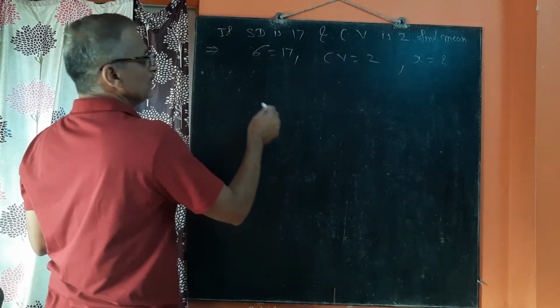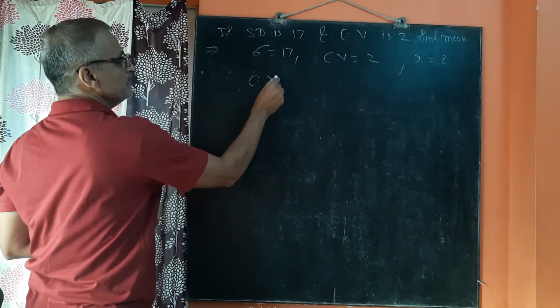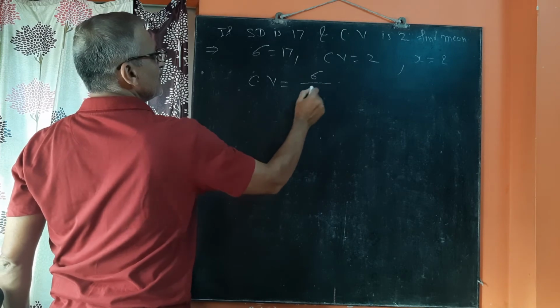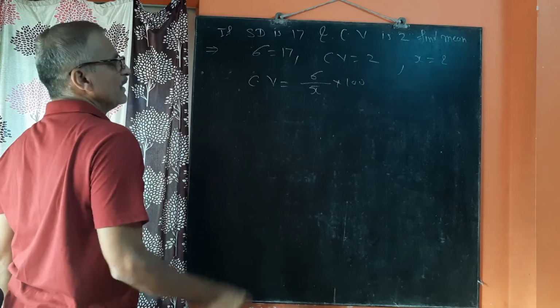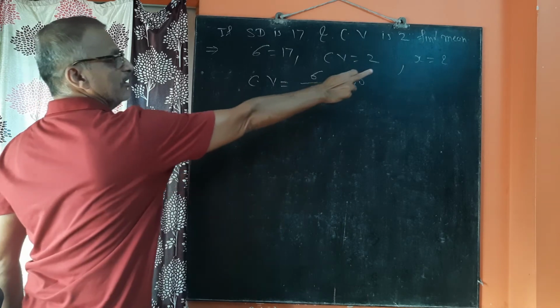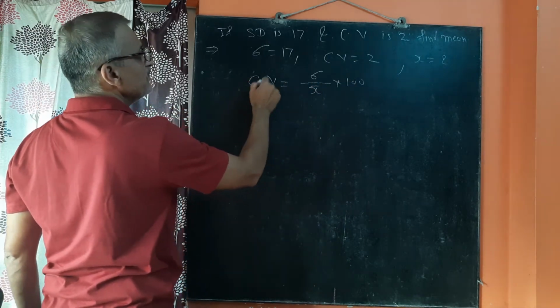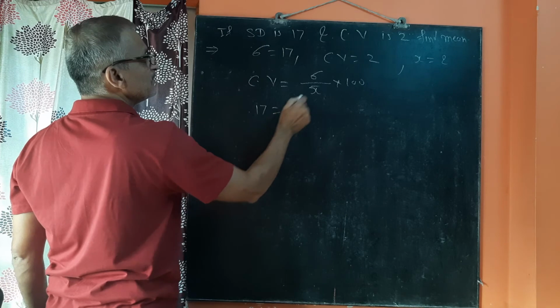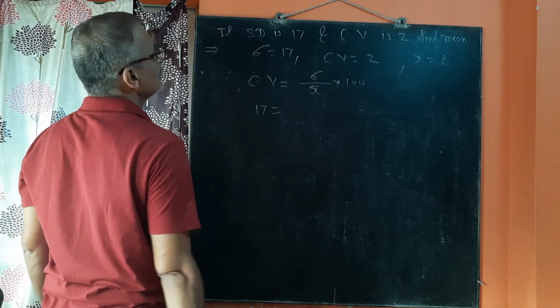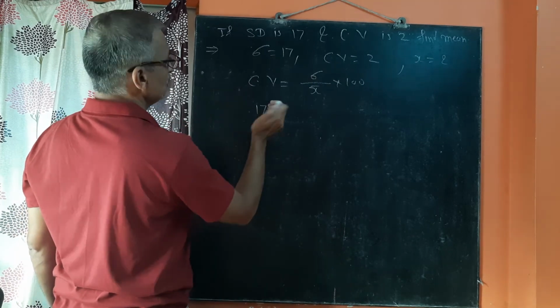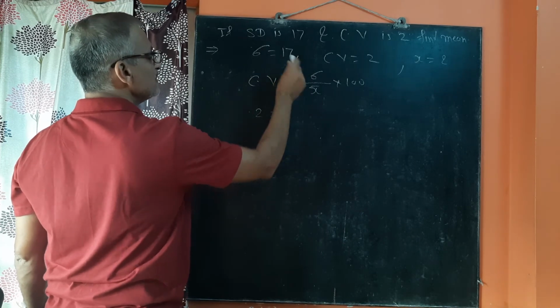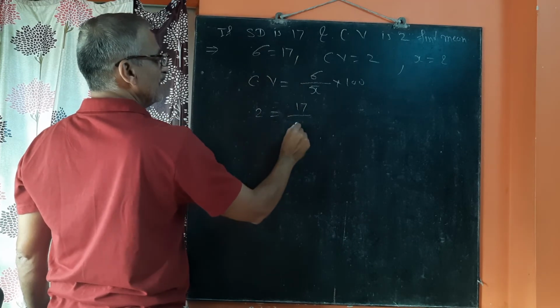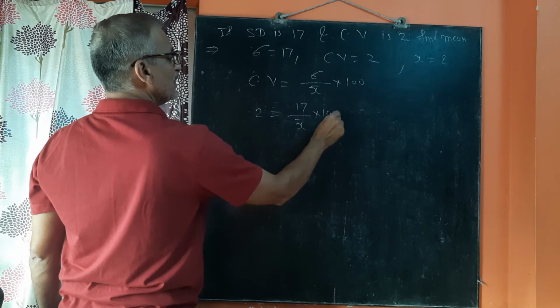So again, by our formula of CV, we get CV equals sigma upon x bar into 100. We have to get the value of x bar. Substituting, CV is 2, so 2 equals sigma, sigma is 17, upon x bar into 100.